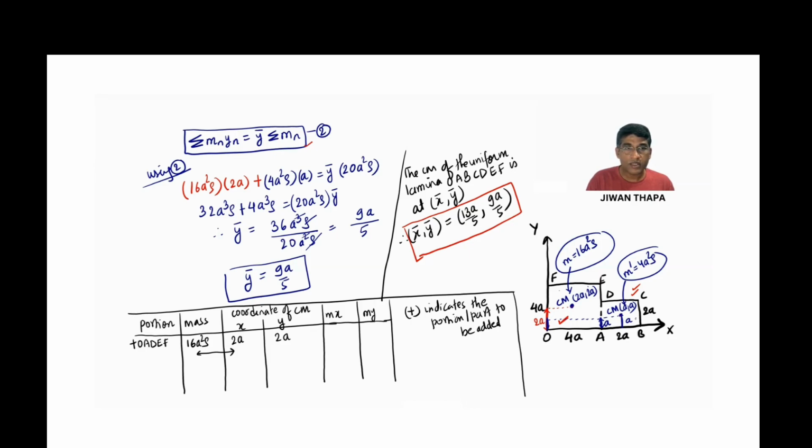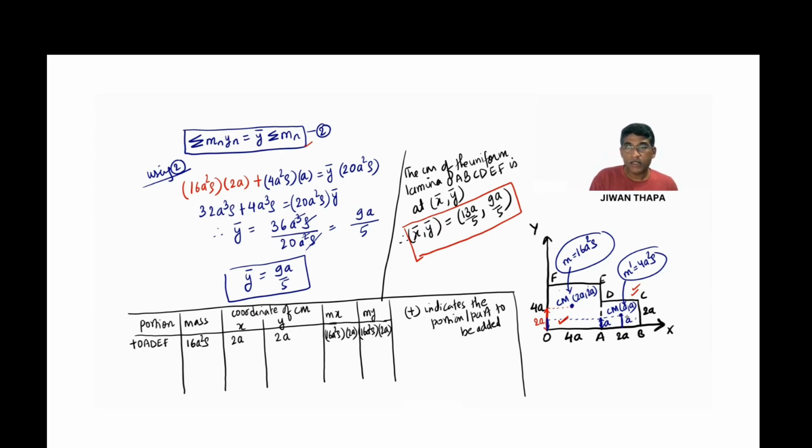So mx is, I'm writing in this way, okay, 16a square rho times 2a. So we can write directly after doing the simplification also. And what is my? 16a square rho times 2a. So we have this, okay.